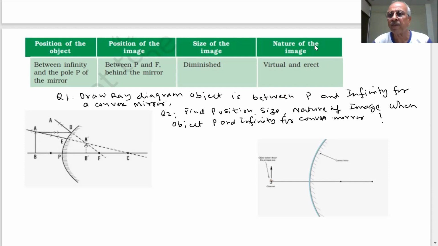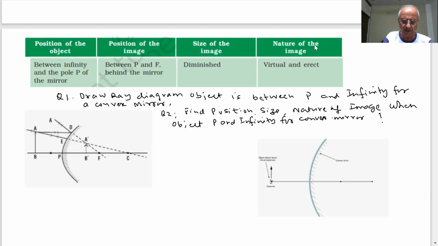Tell me from your notes. 6 diagrams. But for the convex mirror, everything is simple. I will draw only 2 ray diagrams. One I have drawn for the object at infinity, where you get a point-sized image that is virtual and erect at the focus.